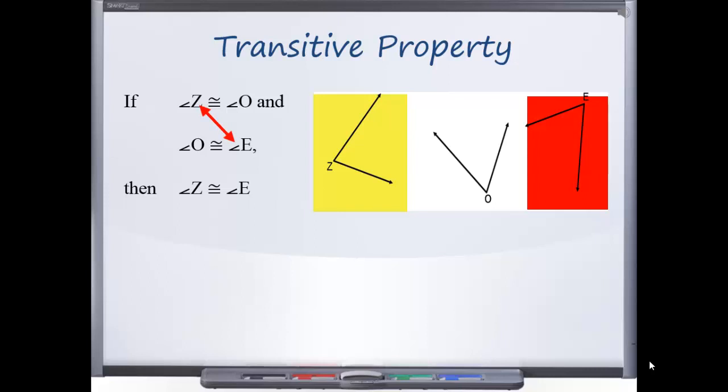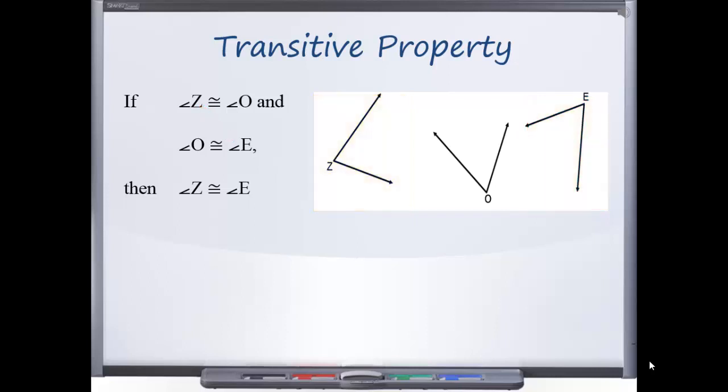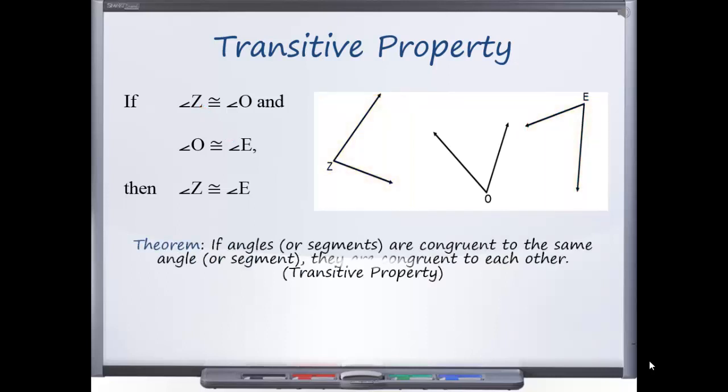That's the way I like to think of it. You can see this Z, then O, O, then E, therefore Z, then E. So the theorem formally states that if angles or segments are congruent to the same angle or segment, then they are congruent to each other. And we can simply state that as the transitive property.